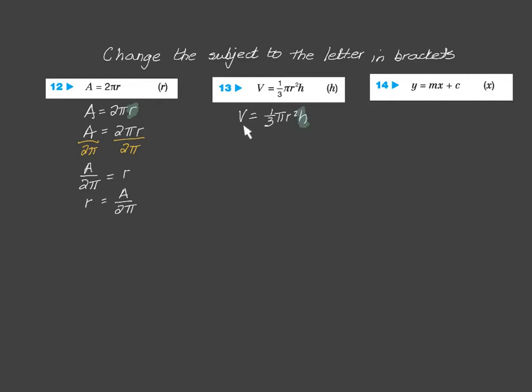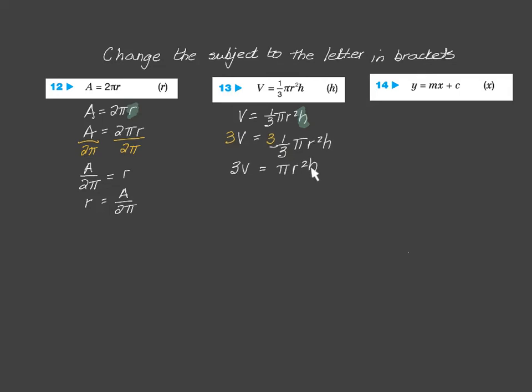In question 13, v is equal to 1/3 pi r squared h. H must be the subject. The first thing is to multiply both sides by 3 so that you're not working with a fraction. Multiply by 3 on the left and 3 on the right so that it balances. On the left you have 3v, and on the right 3 divided by 3 is 1, times 1 is 1, so you have pi r squared h.